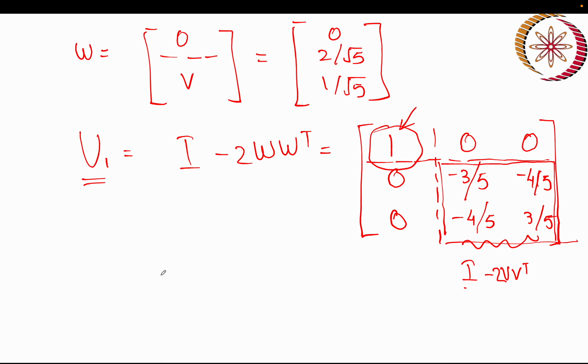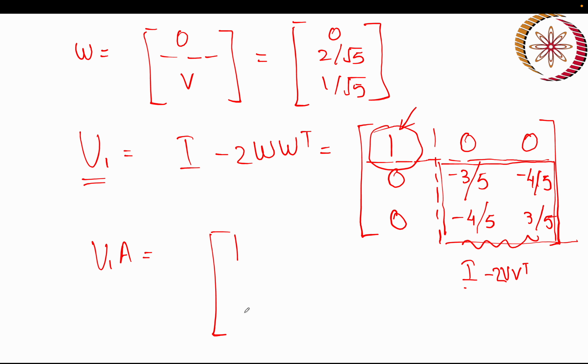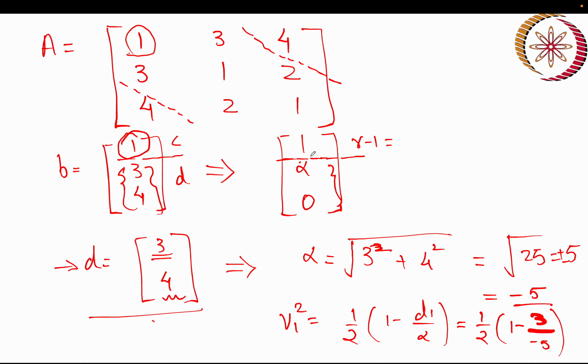Okay, so if we multiply this u, so u1 a, in that case this 1 will be as it is, and we'll get 0 here. But the thing is, the initial matrix was a symmetric matrix, but we will lose that symmetry, because this 4 has gone, but this 4 has not gone.